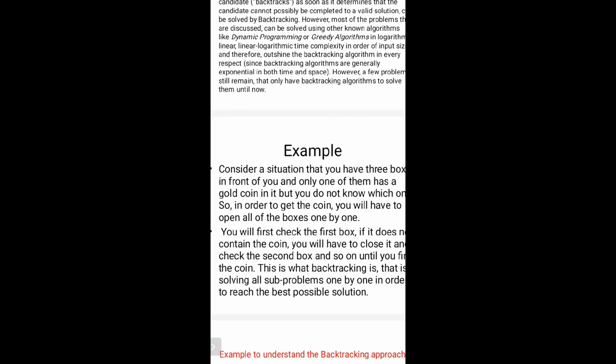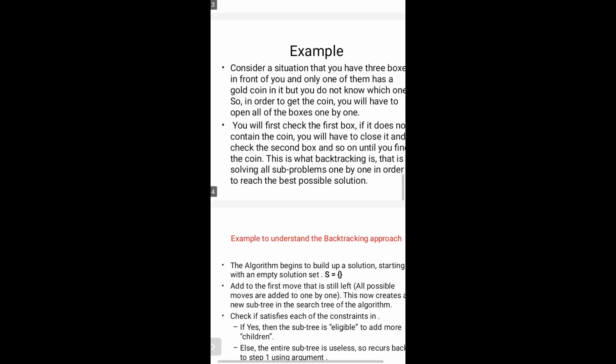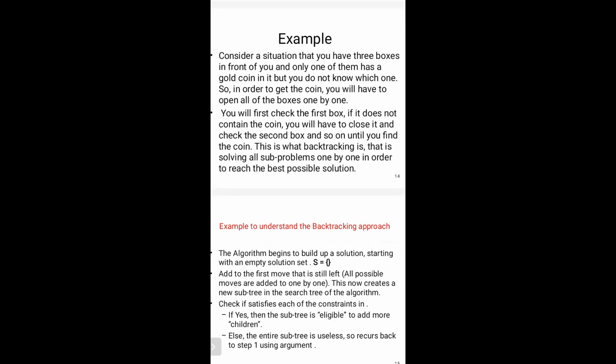For example, consider a situation where you have 3 boxes in front of you, and only one of them has a gold coin in it. Just like in some functions or festivals, there are 3 boxes placed and there is a game.